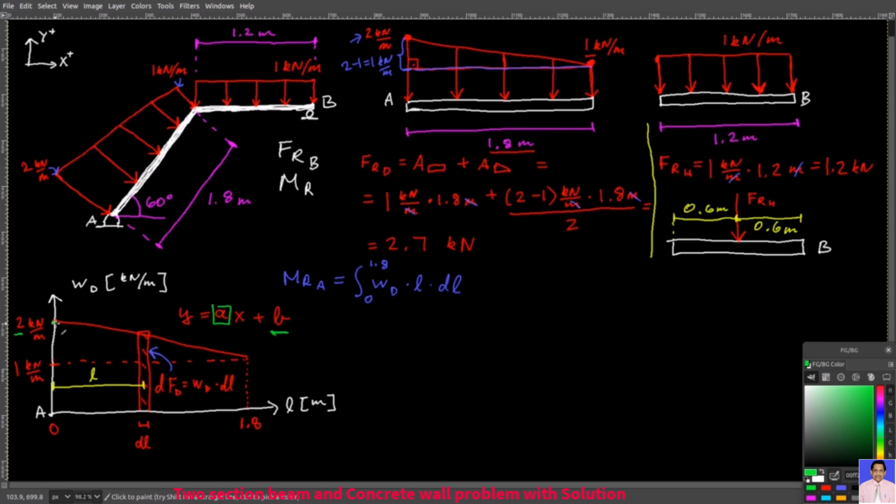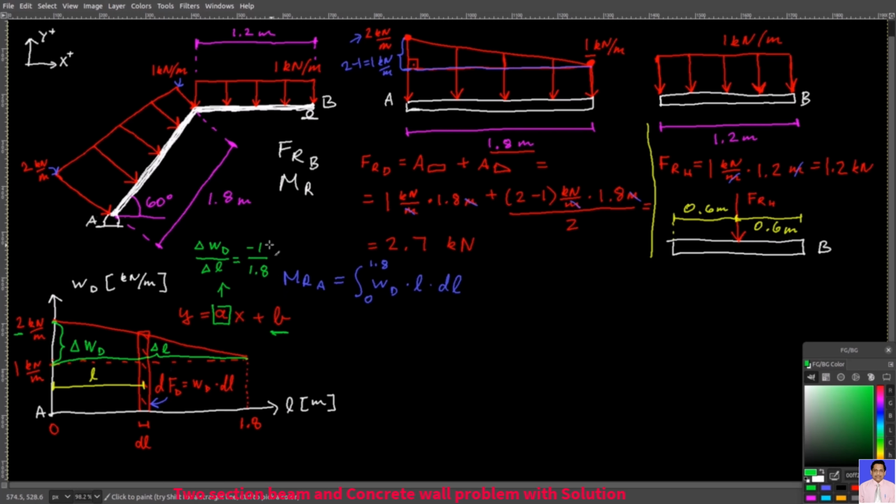And to get the slope, you take this piece here, that's your delta WD, then this section here, that's your delta L, so your A will be delta WD over delta L, which is minus 1 over 1.8.